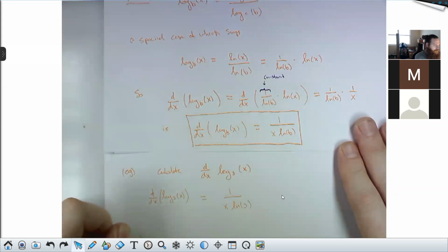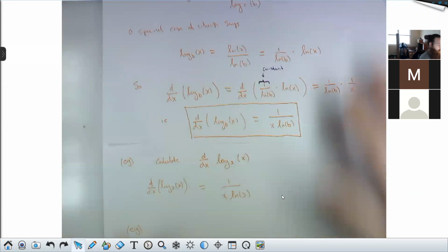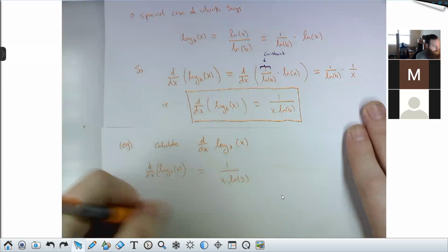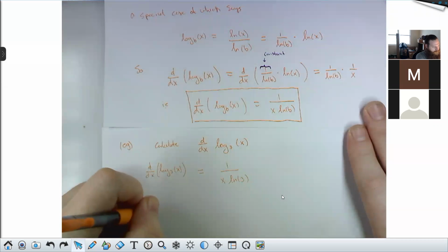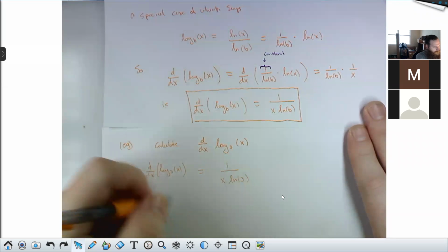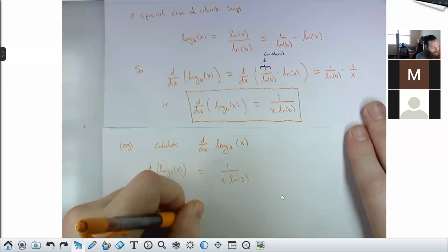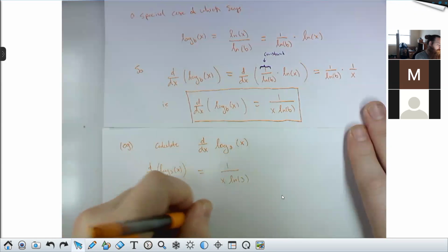We could use this in concert with other things, like find d dx of x times the common log of x.